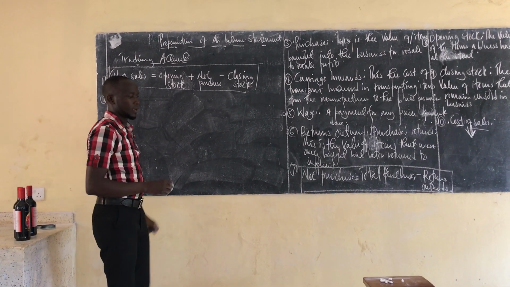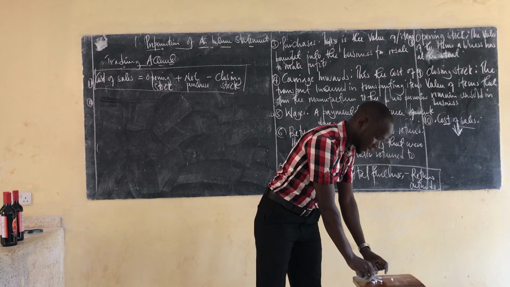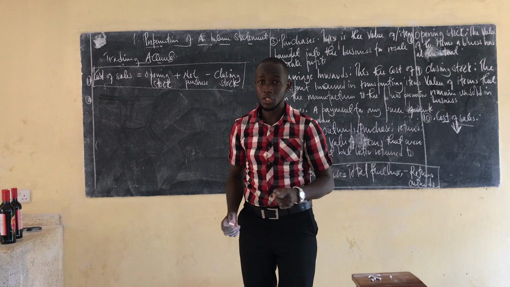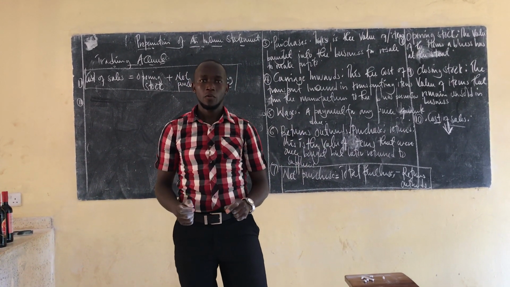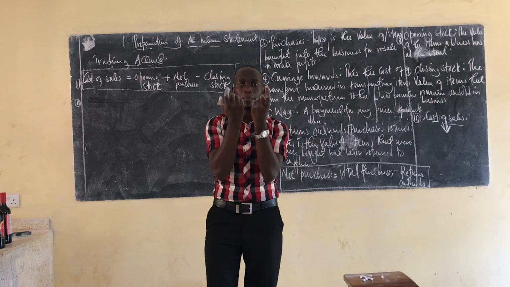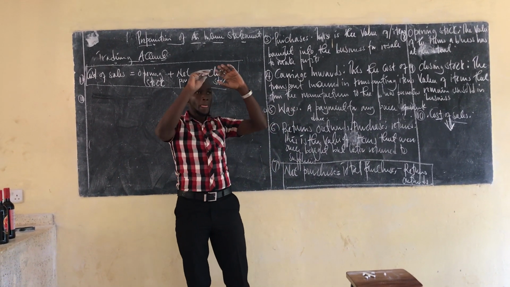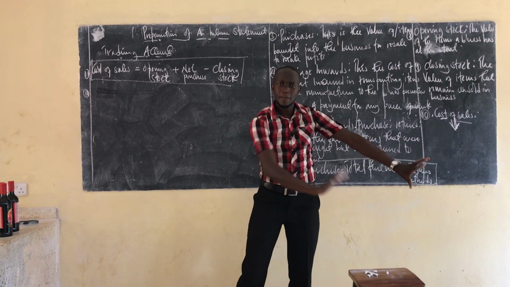The 11th, and the most important because it is the core for the preparation of the trading account. Remember I told you, a trading account is prepared purposely for finding the wholesome profit of the business, the gross profit of the business. We are looking at how much money this one makes before you deduct any expenditure.